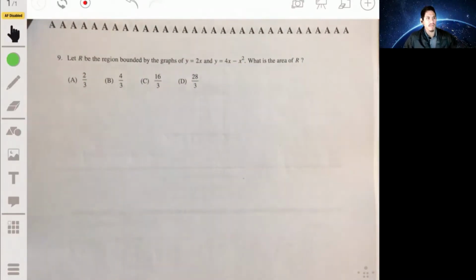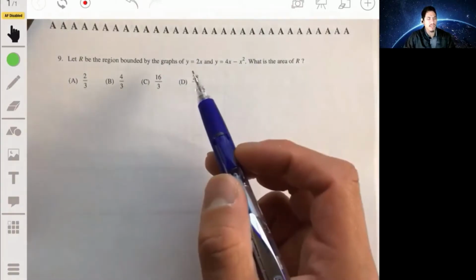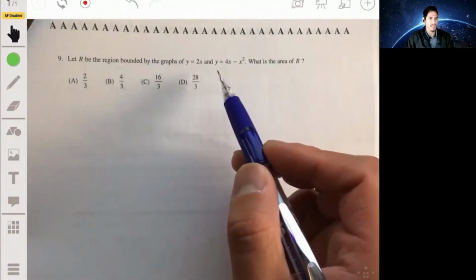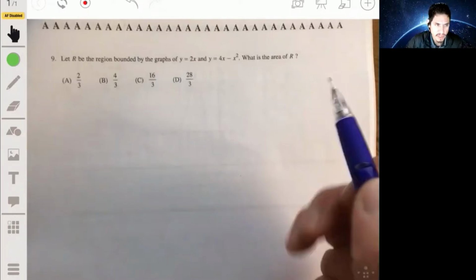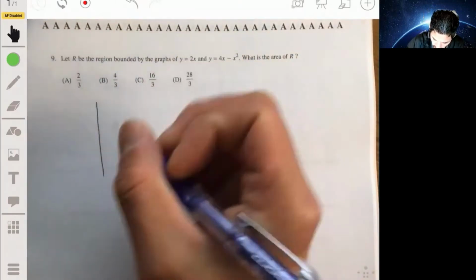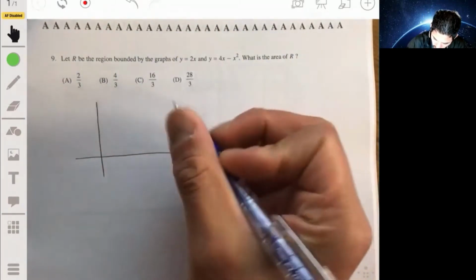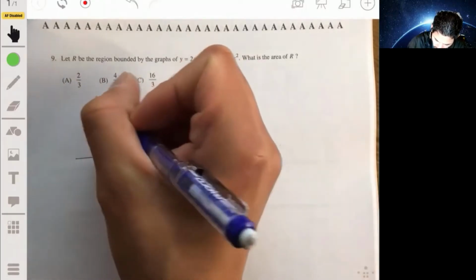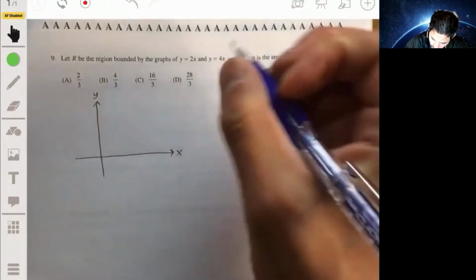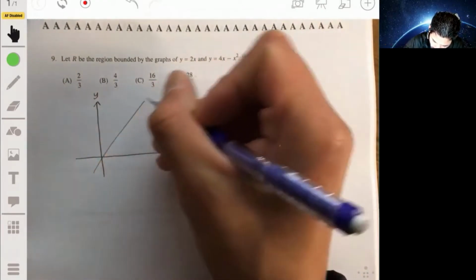And number 9, we've got to find the region R that's bounded by the graphs y equals 2x and y equals 4x minus x squared. So let's draw a sketch of what's going on here. We have the linear graph y equals 2x, so that'll look something like this.